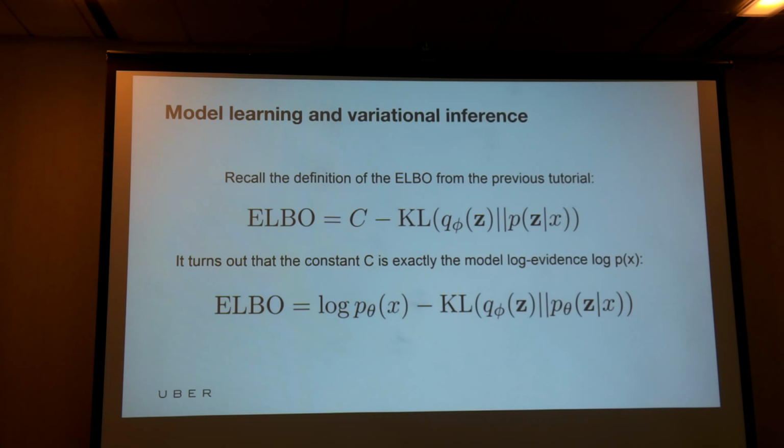And I told you that we would talk about what that constant was later on. It turns out that constant, C, doesn't depend on the guide, it only depends on the model and the data. And it's exactly this model log evidence, log probability of x, the thing that we were interested in. X is the observed data.